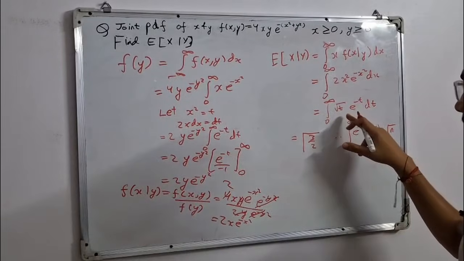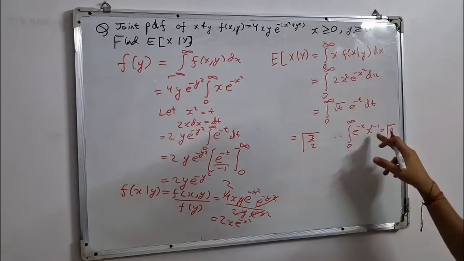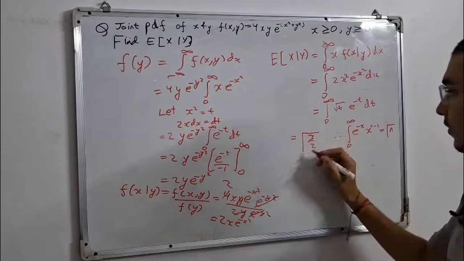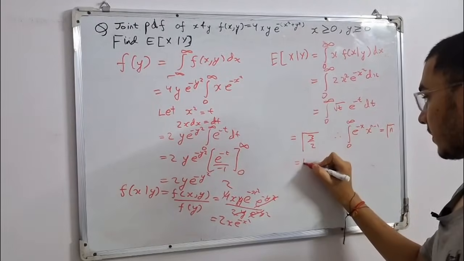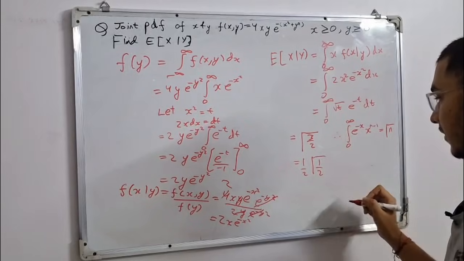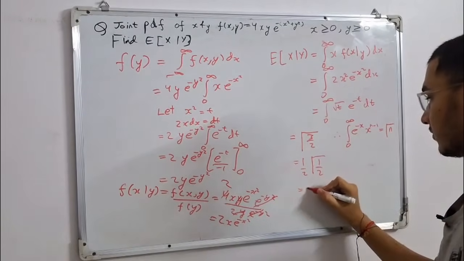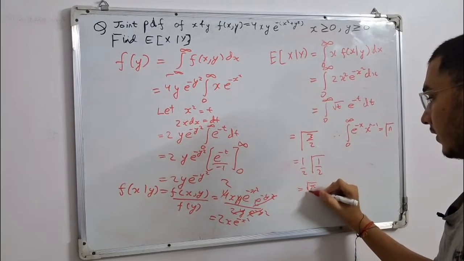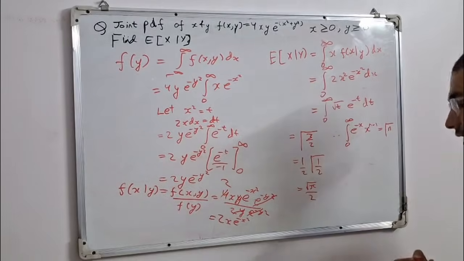So here n will be 3 by 2, and that will become 1 by 2 gamma 1 by 2, and we know gamma 1 by 2's value is root pi, so it will be root pi by 2, and that's the answer.